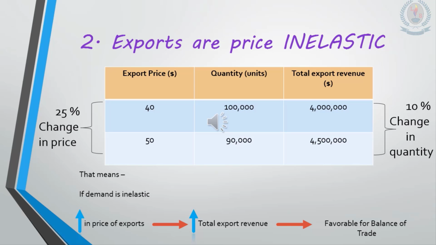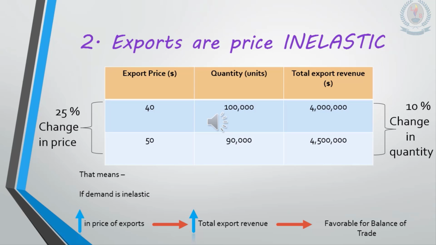Now, the price has increased to 50, but the quantity has reduced only to 90,000. That means, percentage-wise, the change in quantity demanded is only 10%, but the change in price is 20%. So, when the price changes by 20%, quantity demanded has responded only by a 10% change.